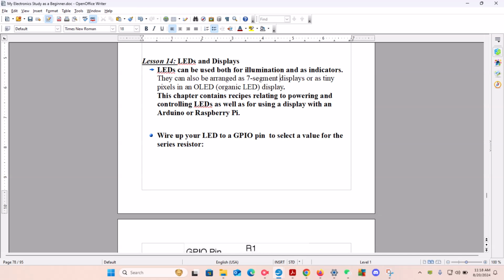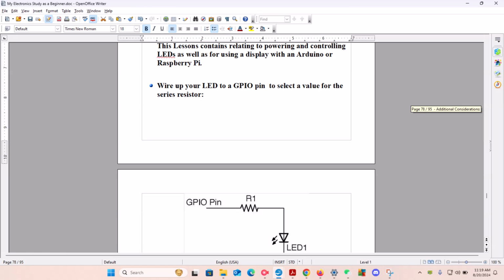This lesson contains topics relating to powering and controlling LEDs, as well as using a display for Arduino or Raspberry Pi.